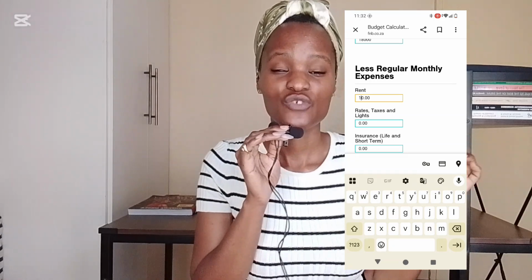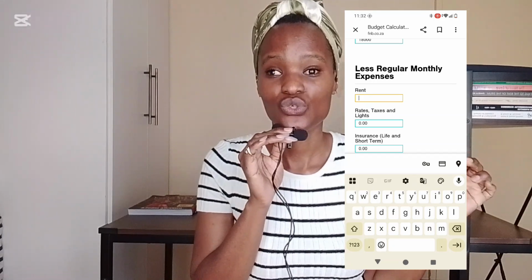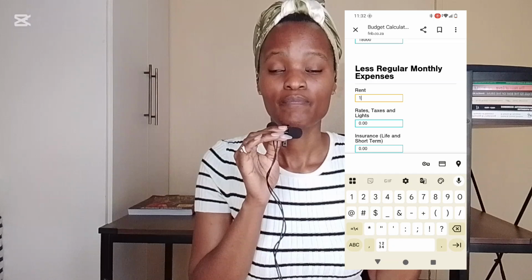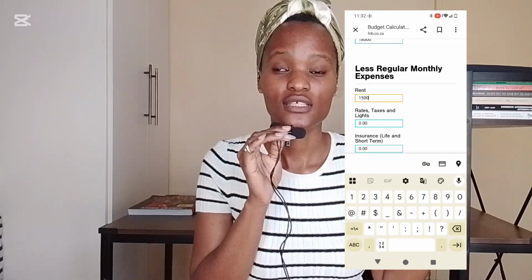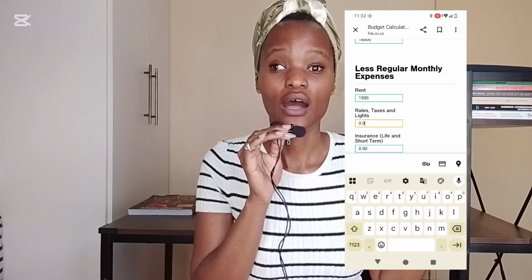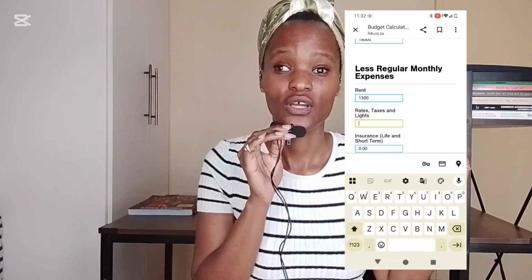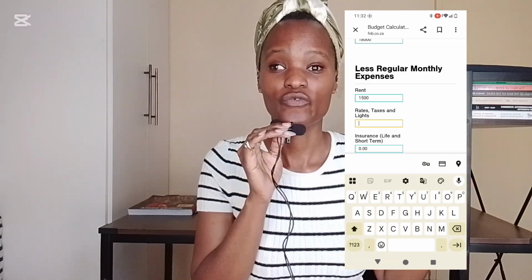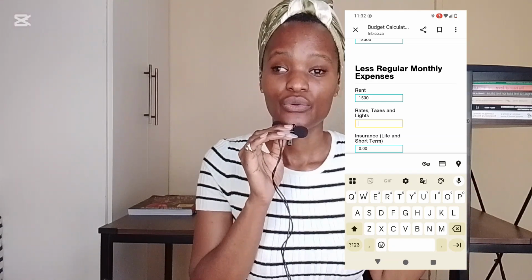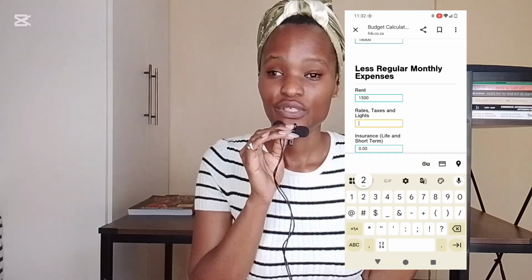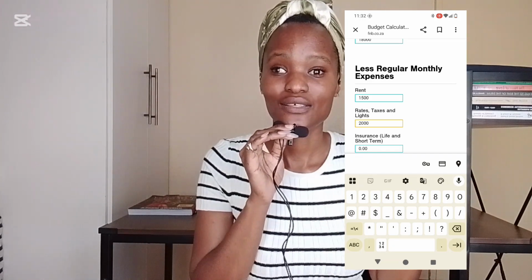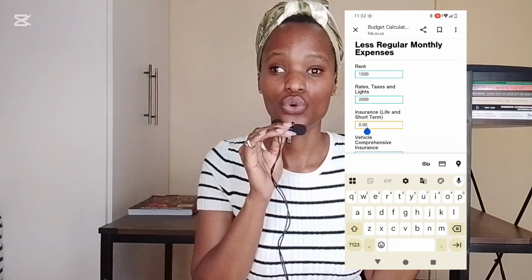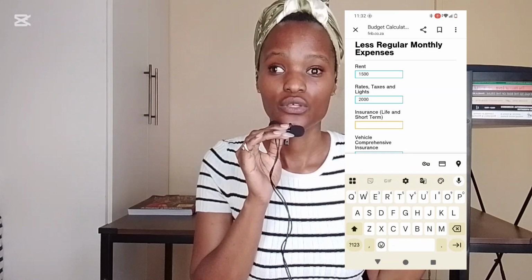So if you have this feeling that I don't know where my money is going, I don't know what I'm doing with my money, this one is great because it gives you a total of how much money you're going to have at the end of the month or at the end of your spending. And the great thing about it is it's very simple. It's to the point. It's easy to use. There is no confusion with this tool.